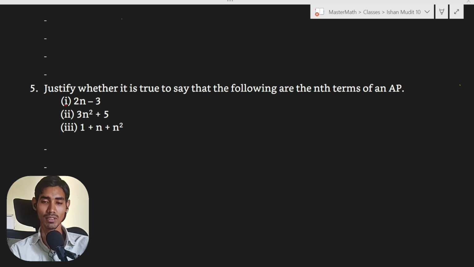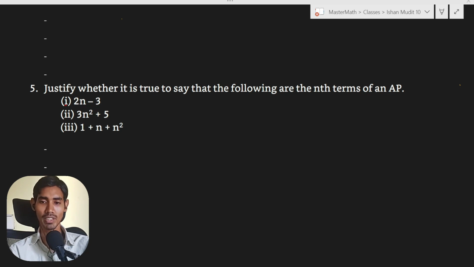Okay, Ishan, third one? Sir, I'm still doing that problem. Mudit? Sir, I just started. Yes, Ishan, it's not an AP, the third one also. See, the point is we have square terms, right?